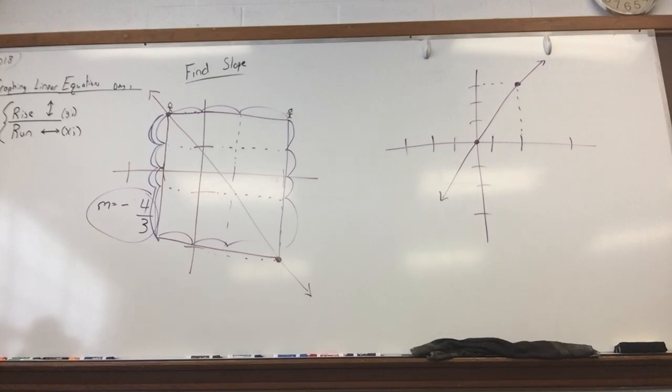Now, the next step is we look at the form and see whether it's positive slope or negative slope or zero slope, just by the way the lines go from left to right. So we know that the sign of the slope is going to be positive.